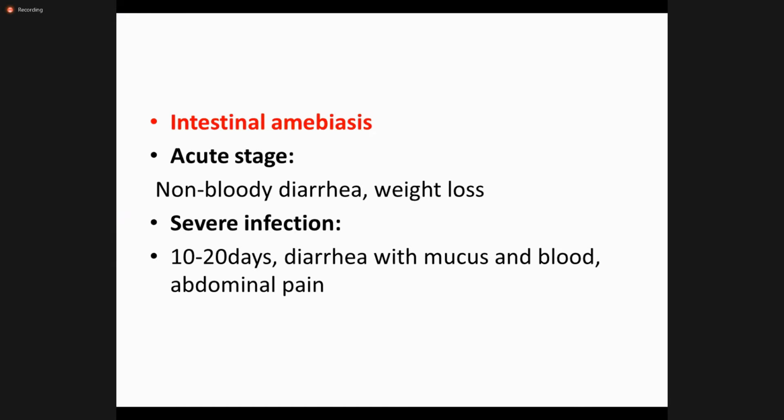I have told you that is the pathognomonic sign. Other tests include antigen detection, that is serology, then molecular testing, that is PCR. In serology, the indirect hemagglutination test is usually performed.